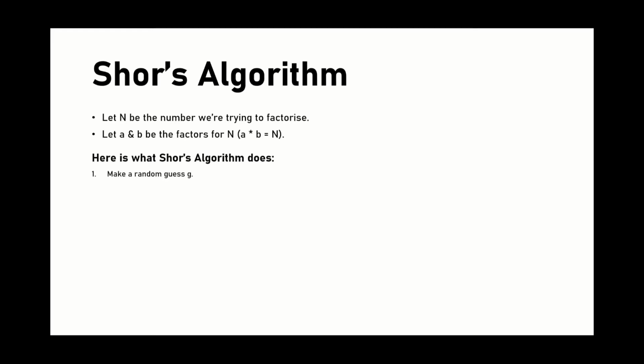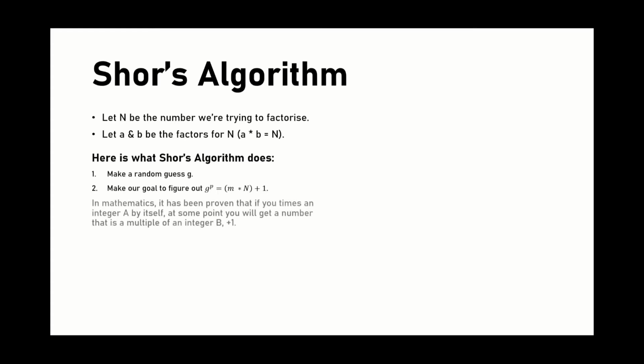We make the goal to figure out g to any power p equals any multiple of n plus 1. Now, in mathematics, it's been proven that if you times an integer a by itself, at some point you will get a number that is a multiple of another integer, let's say b, plus 1.